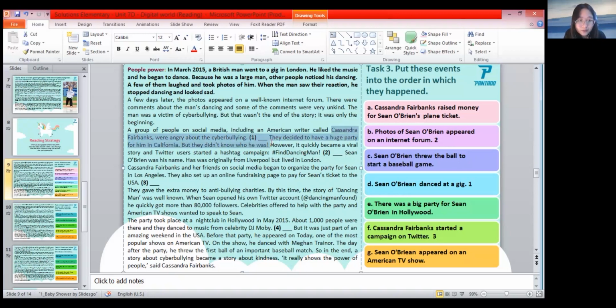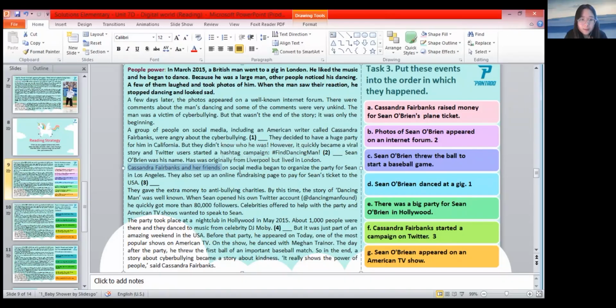This one. Users started a hashtag campaign, Find Dancing Man. And what did they do?